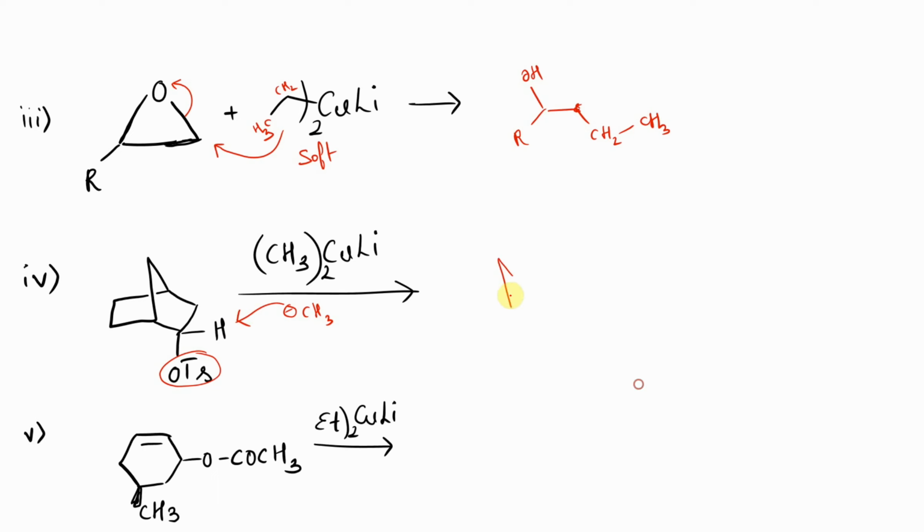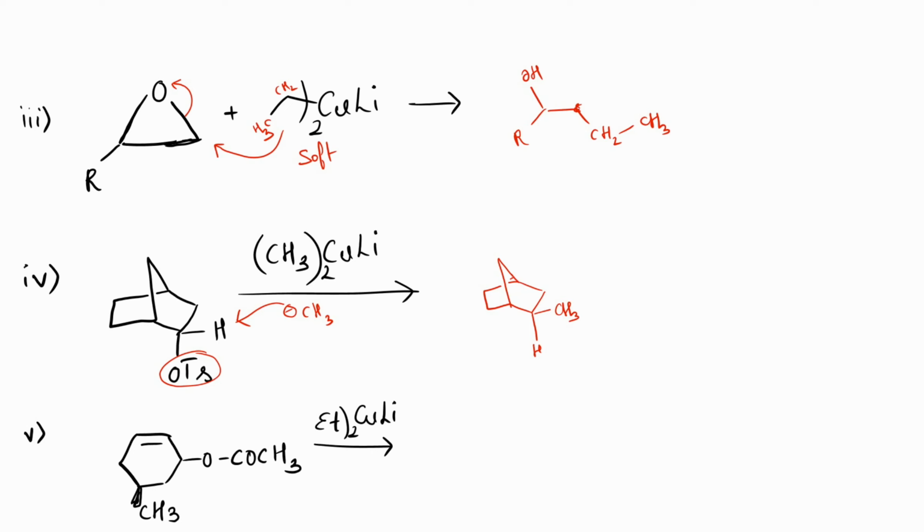So the desired product, the product formed during the reaction, can be written with H coming over here and CH3 at this position. Okay, this is the product formed when you treat the leaving group with the given compound.